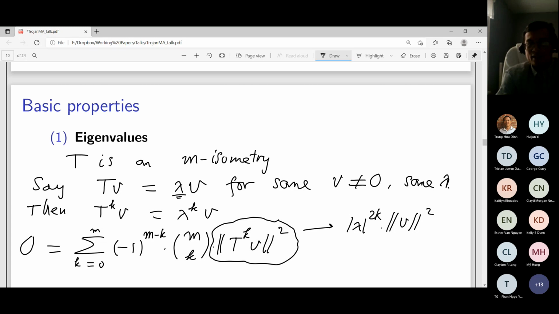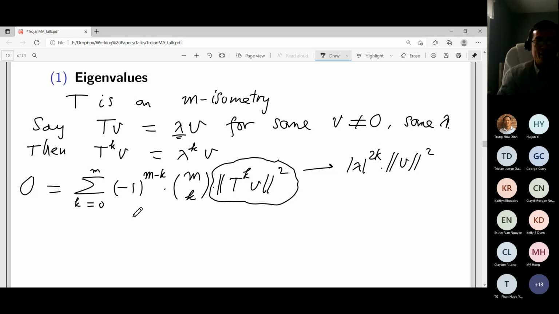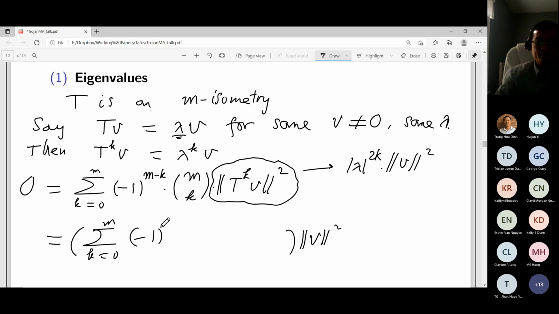So all the terms in the sum have the factor of norm V squared. So we can just factor that out, and we have something nice. This is k equals 0 to m of the alternating binomial coefficient, and over here we have absolute value of lambda to the 2k.